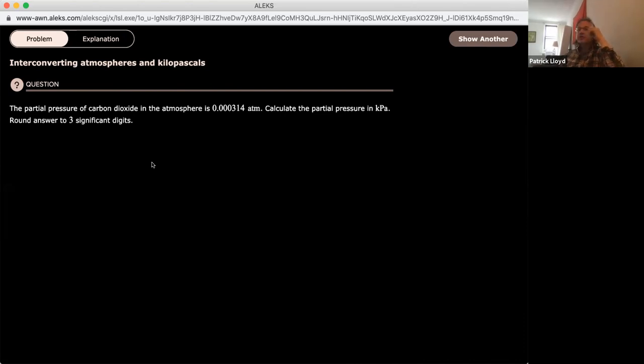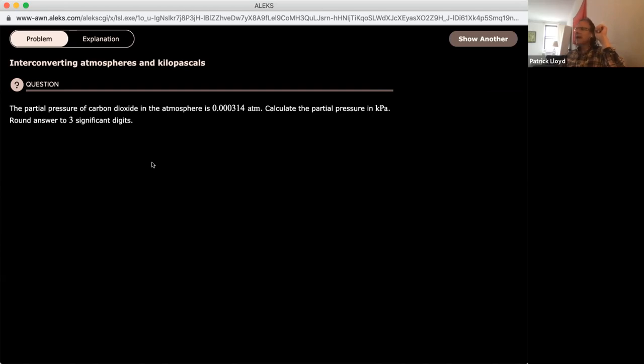Calculate the partial pressure in kilopascals, rounded to 3 sig figs. That measurement, by the way, has 3 sig figs, 314. Remember, leading zeros are not significant. Trailing zeros are. This one doesn't have any trailing zeros.